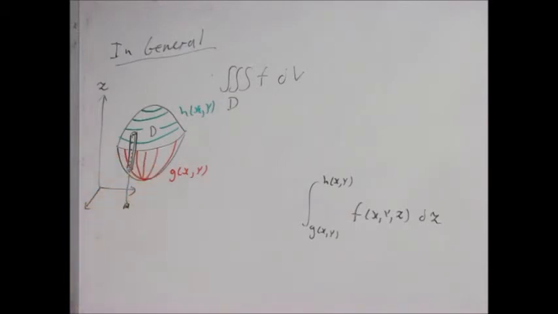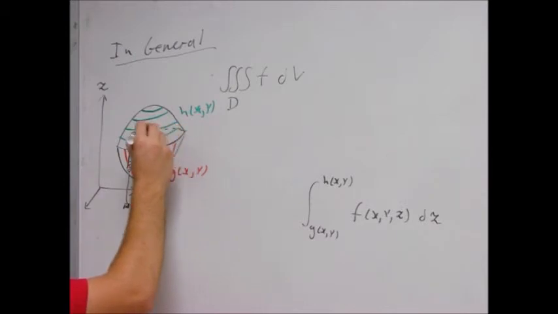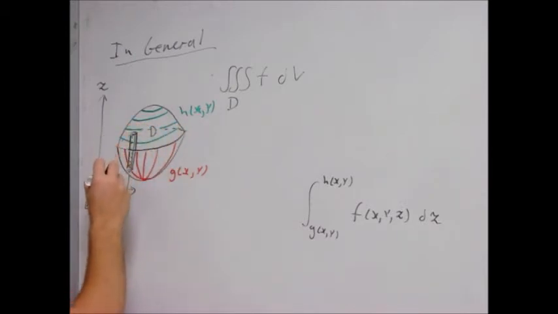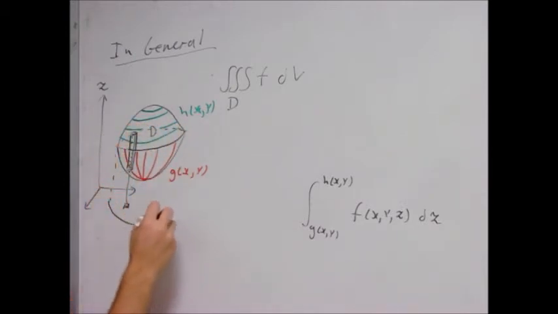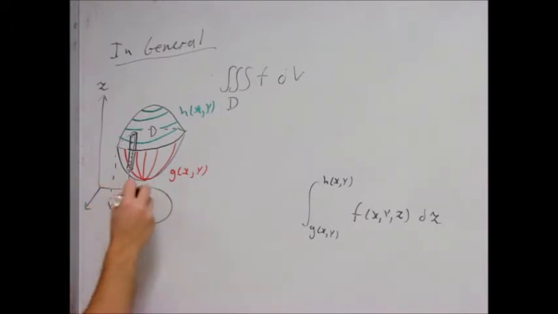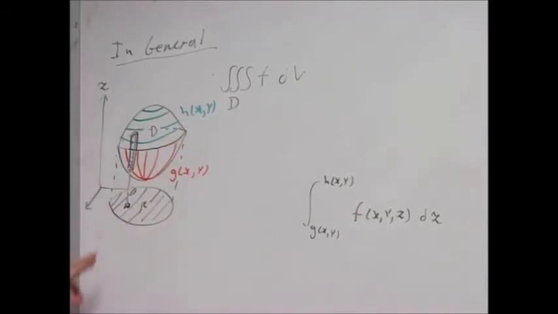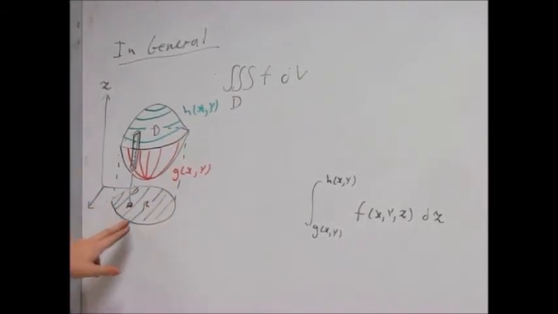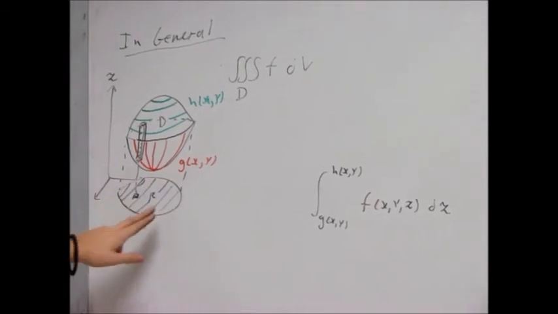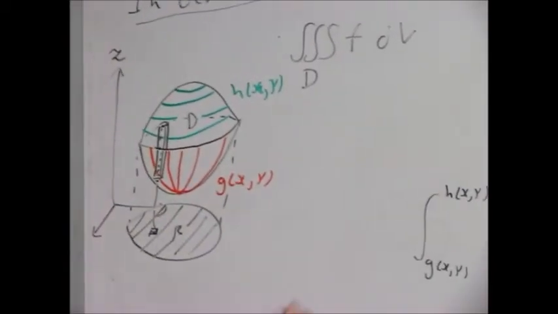How many of these are there? Well, take this thing and say cast a shadow down here. This is the shadow of your region. Let's say it's R. The shadow is all of the x and y values that you're going to be integrating over. So then you want to integrate this.